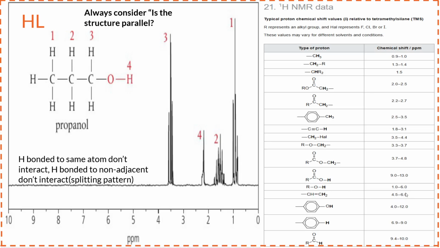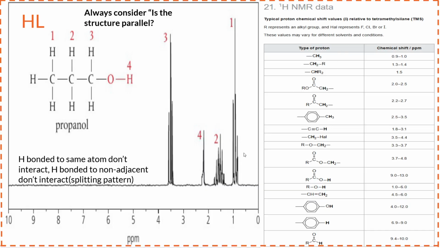Yeah, so 1.0 to 6.0, this is going to be a large chemical shift area. So if we look at our 4th hydrogen environment, this occurs between that 1-6 area. So basically for H1 NMR spectrum, just always look at section 21 and be able to see, okay, well, this occurs between 0.9 and 1.0, so it's going to be CH3.